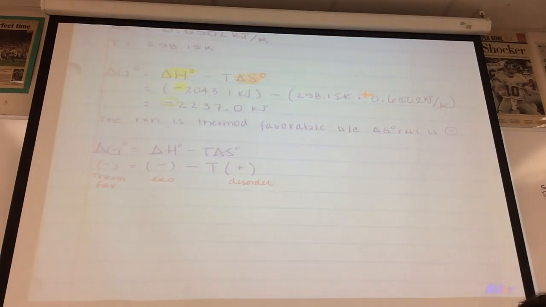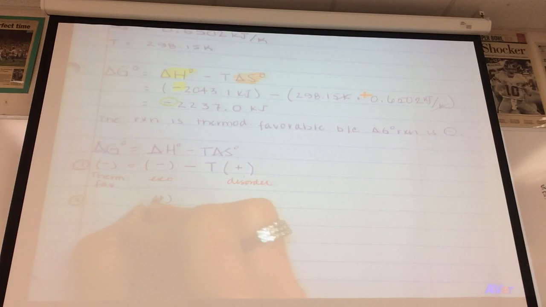On the flip side of that, an endothermic reaction with a positive delta H that illustrates order with a negative delta S, a positive minus a negative will always have a positive delta G and therefore be thermodynamically unfavorable.